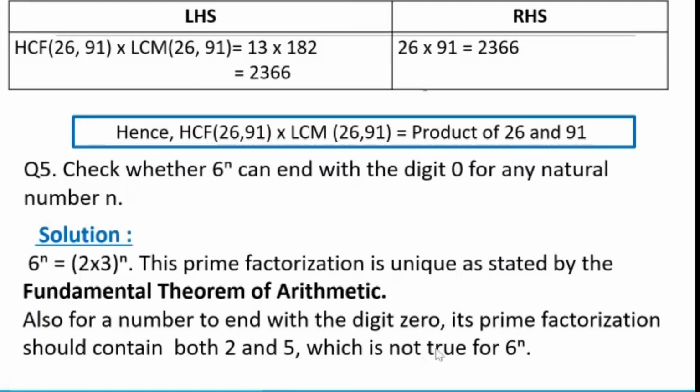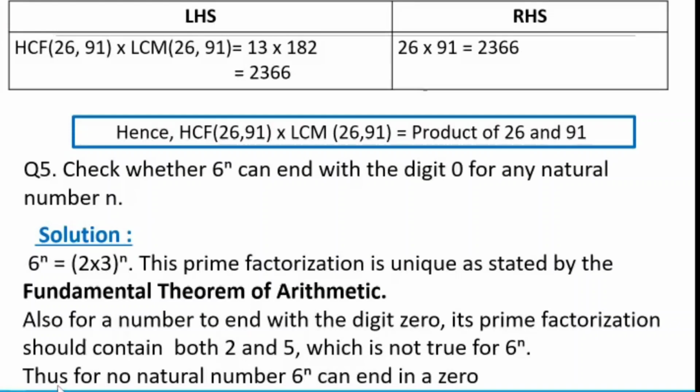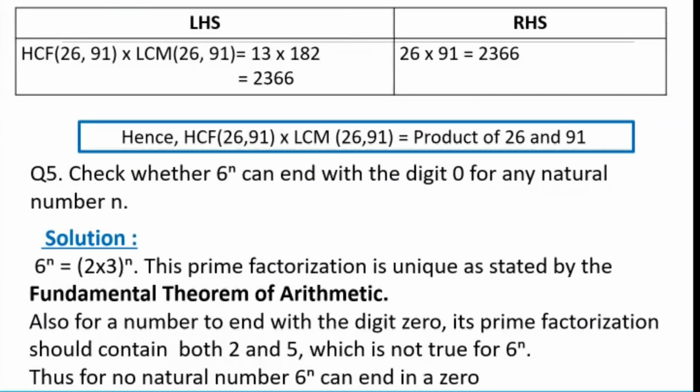So for a number to end with the digit 0, it must be a multiple of 10, meaning it must have 2 and 5 as its factors. So this is not true because I cannot see any 5 over here. So I can say that thus for no natural number n, 6 raised to the power of n can end with the digit 0. So I hope this is clear.